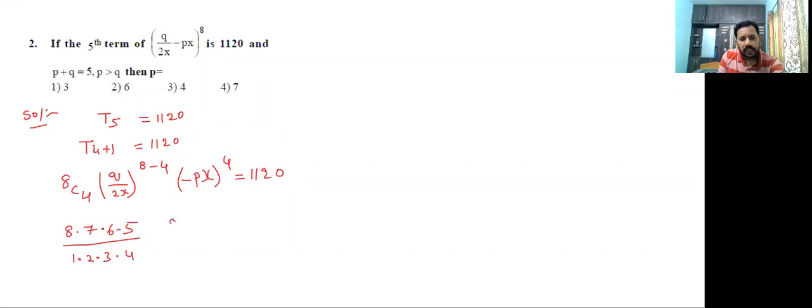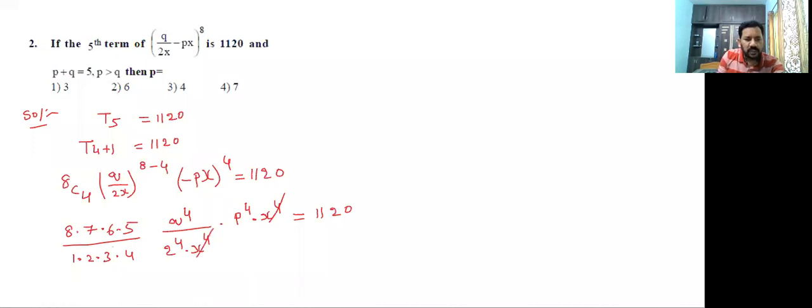Here q power 4 divided by 2 power 4 into x power 4 into (minus px) whole power 4. The power is even, negative is going to positive. That is equal to 1120. Now x power 4 is cancelled.